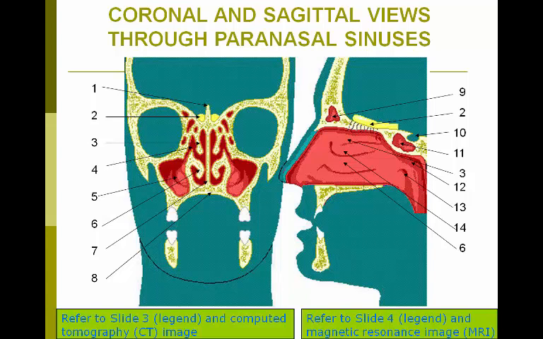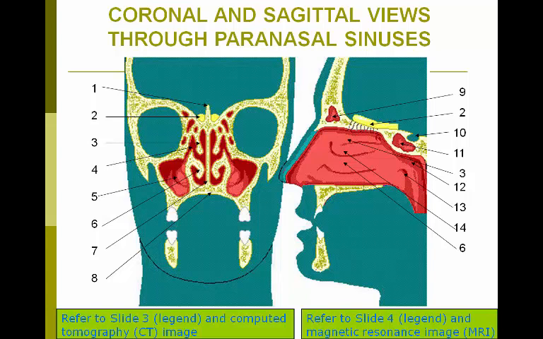So if you look at the left-hand picture, the one made by a coronal section, look at number 1. Number 1 is part of the ethmoid bone called the crista galli. I'm trying to get you oriented to the slide. Number 2, you can see on either side of the crista galli you have the little yellow structures.